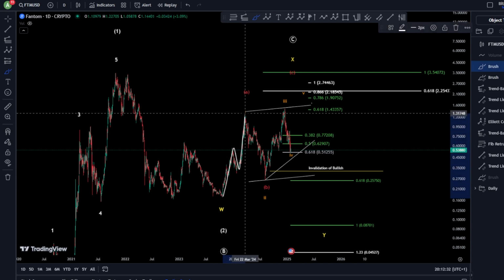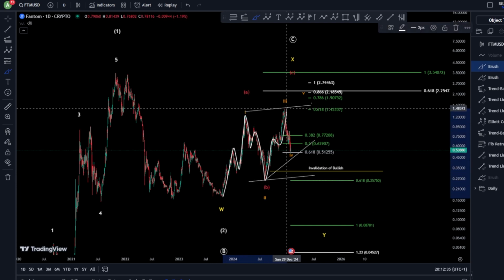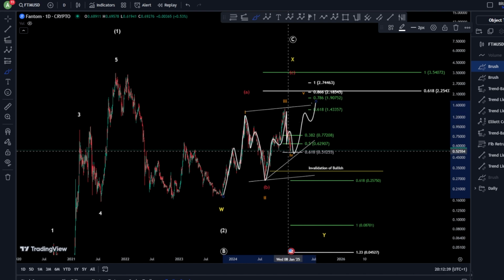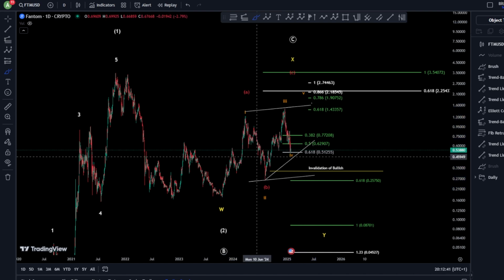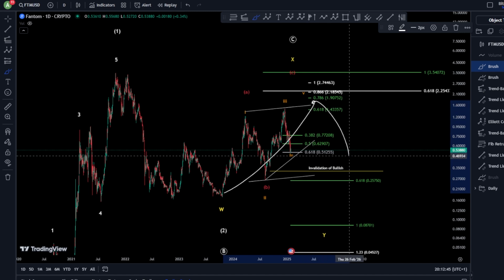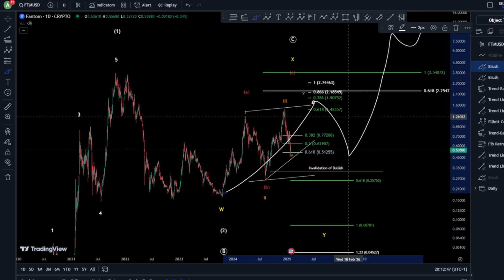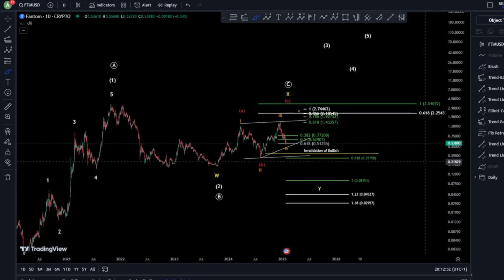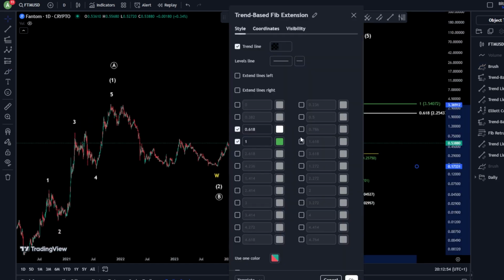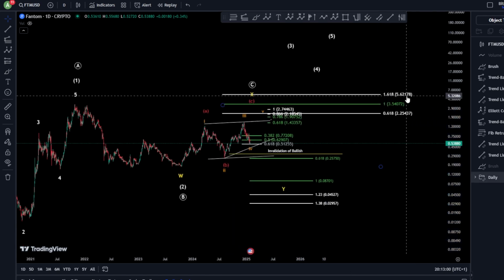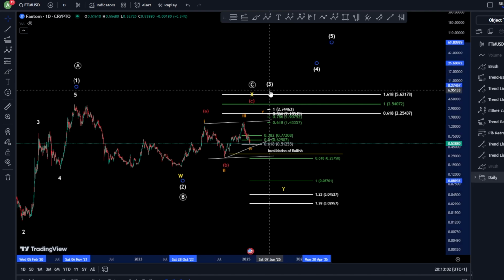We have an A, B, and a C, another zigzag, also another finished zigzag for 4, and probably we're going to finish a zigzag for wave 5, meaning we are on the way for a wave 1, 2, and then 3, 4, 5 for a big and massive impulse toward the upside. That would reach the 1.618 fib level at least for a wave 3, which is the $5.6 just for a wave 3.